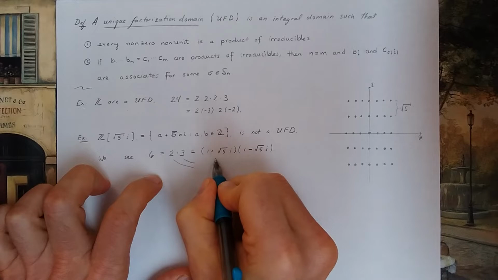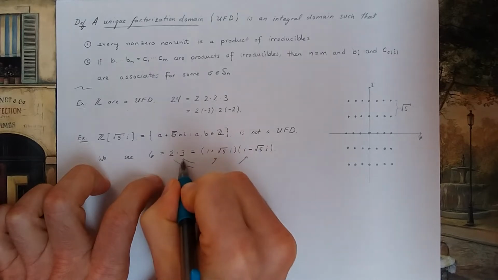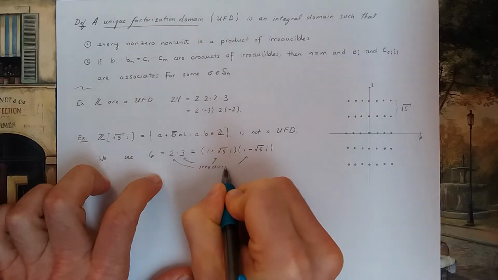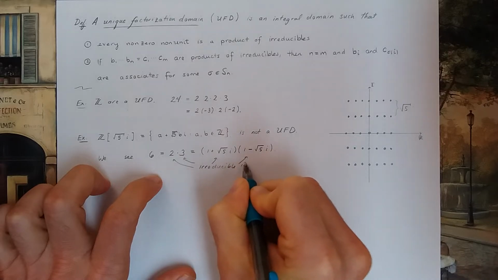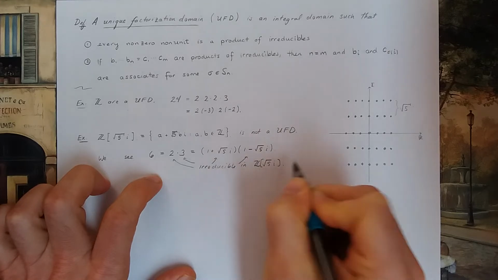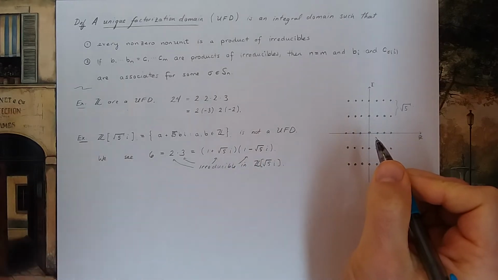So you could check that these 4 elements are all irreducibles in the ring. You could check that by a geometric argument.